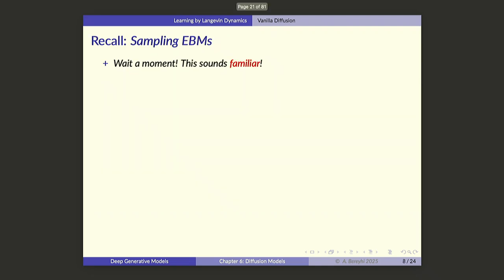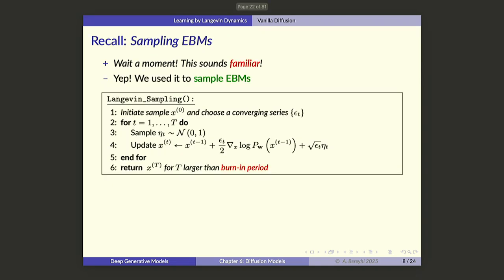If you don't buy my word, just look at this. This is taken exactly from that chapter, right? Look at this guy. So what is it here? The x_{t-1} is the point which you every time give to your process, right? And then this term, this is the gradient of log of the distribution, which is the drift term, exactly the same drift term.